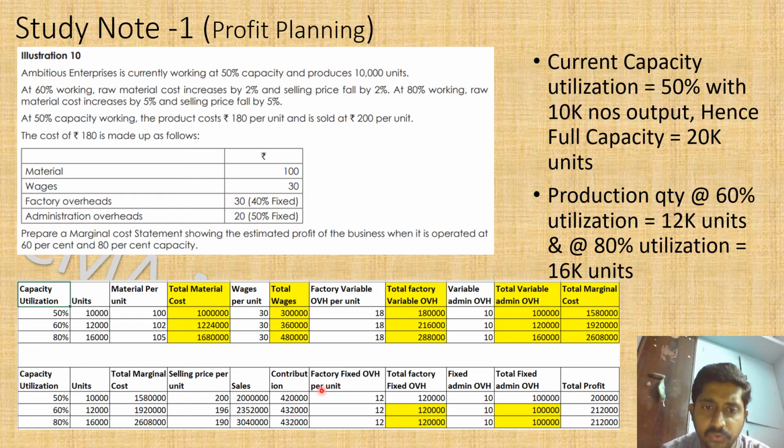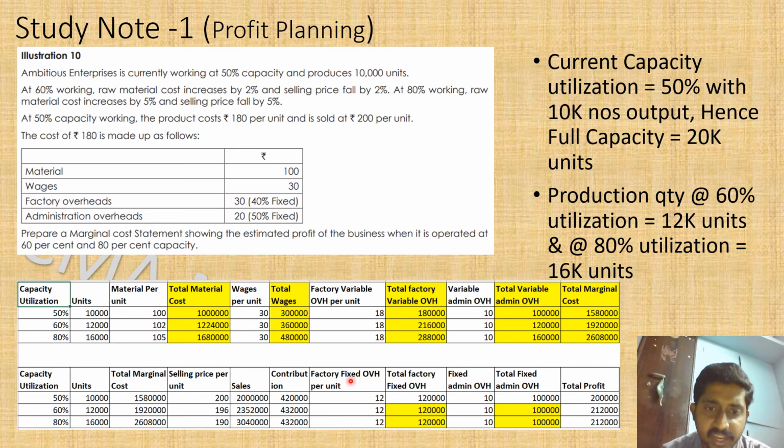Next we have to find the fixed overheads. Previously we have calculated the variable overhead and fixed overhead. Here you can exclude these two columns, 12 rupees and 10 rupees, because fixed overhead is not calculated on a per unit basis.